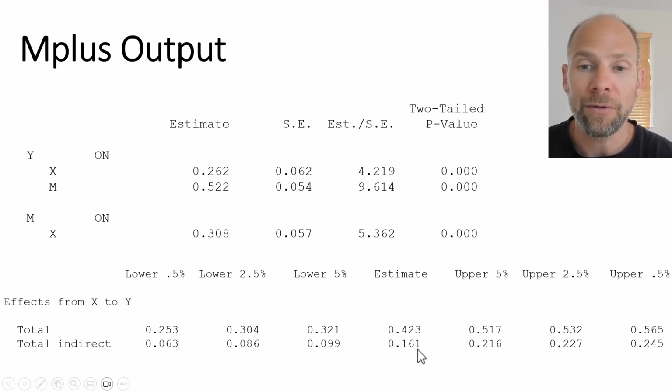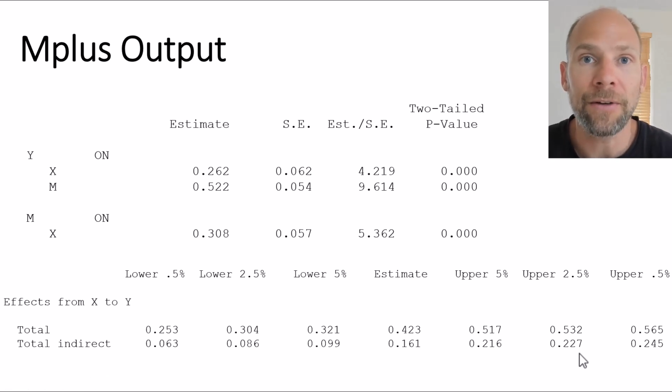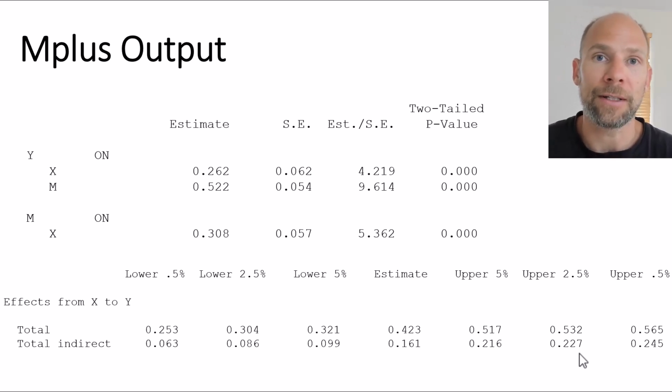So that coefficient has a 95% confidence interval that ranges from 0.086 to 0.227. So again, that doesn't include zero, indicating that the indirect or mediated effect here is also statistically significant at the 0.05 level. And that's how you typically want to test that, by using these bias-corrected bootstrap confidence intervals that you can obtain in Mplus.